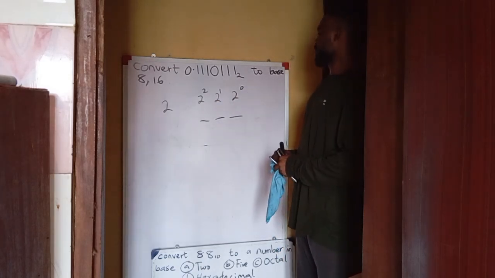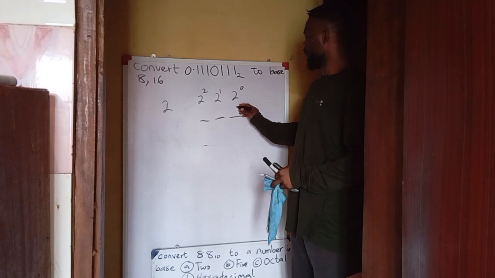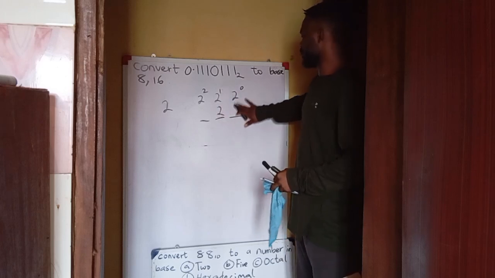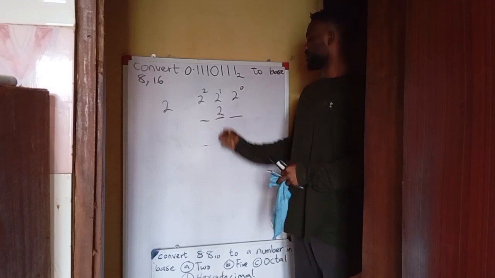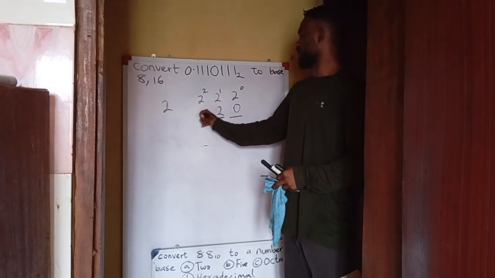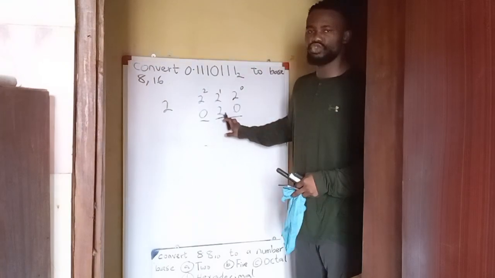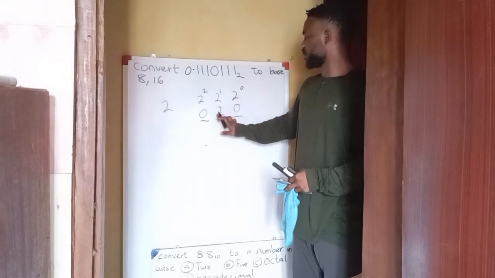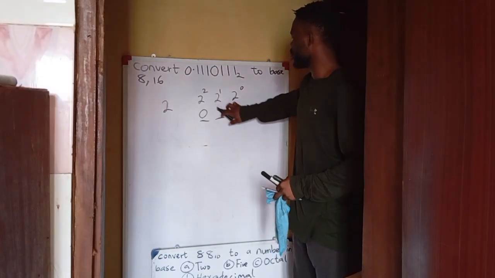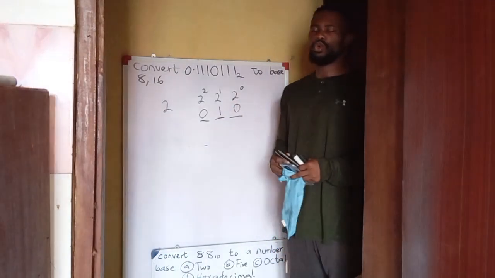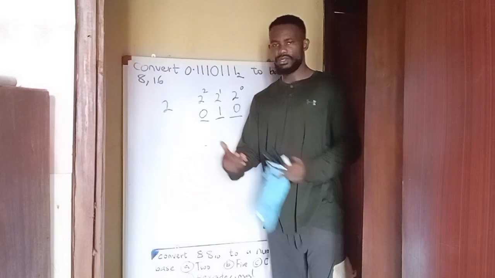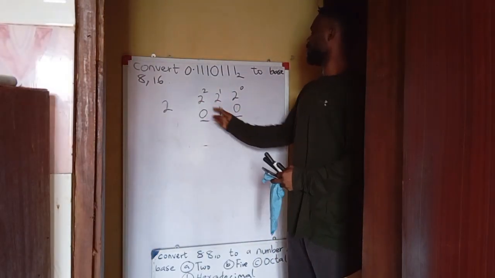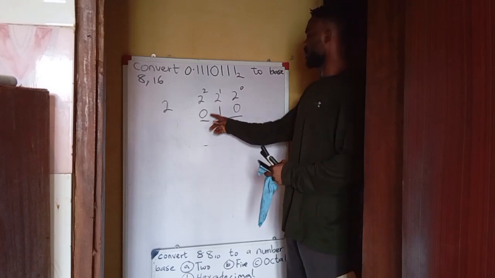To convert 2, 2 raised to power 0 is 1, and 2 raised to power 1 is 2, but 2 plus 1 gives me more than 2. So this is supposed to be just 2, then I have 0 here and 0 here. And remember, we can't write 2 in base 2, so we simply indicate it with 1. We use 1 to show that it's there, 0 to show that it's not there. So converting 2 to base 2 is simply 0, 1, 0.